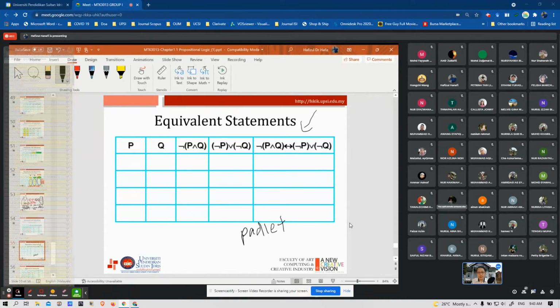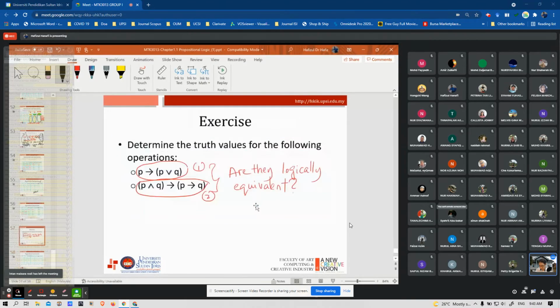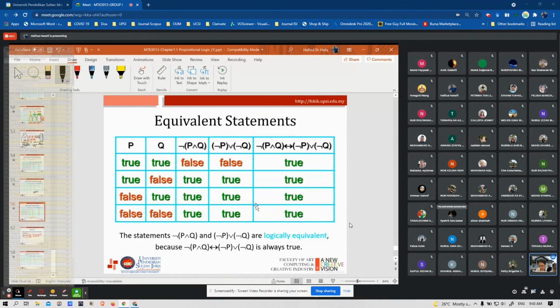This statement: negate P and Q, and negate P or negate Q are logically equivalent because negate P and Q biconditional with negate P or negate Q is always true.